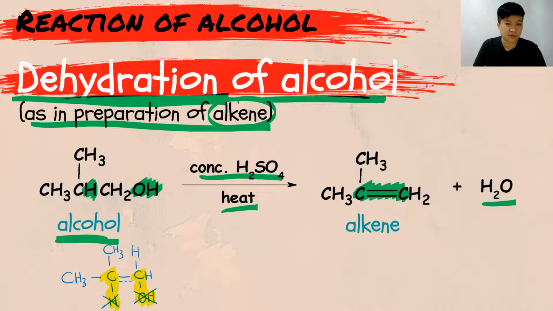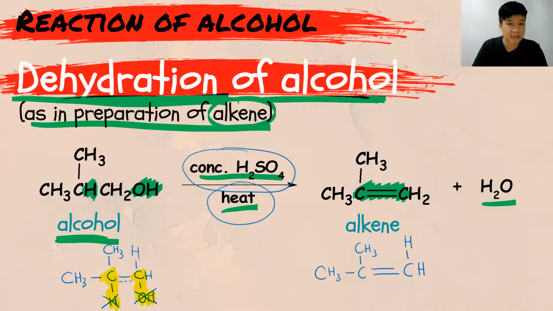You form a new double bond. So everything remains the same, but the hydrogen has been removed. You form a new bond with this carbon that's still holding the hydrogen but not the OH. The OH has been removed. So that is the dehydration of alcohol by using concentrated sulfuric acid and heat to produce alkene.